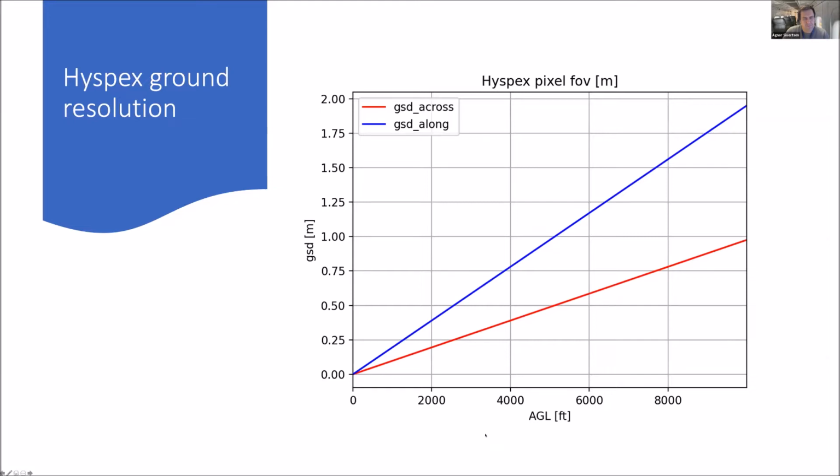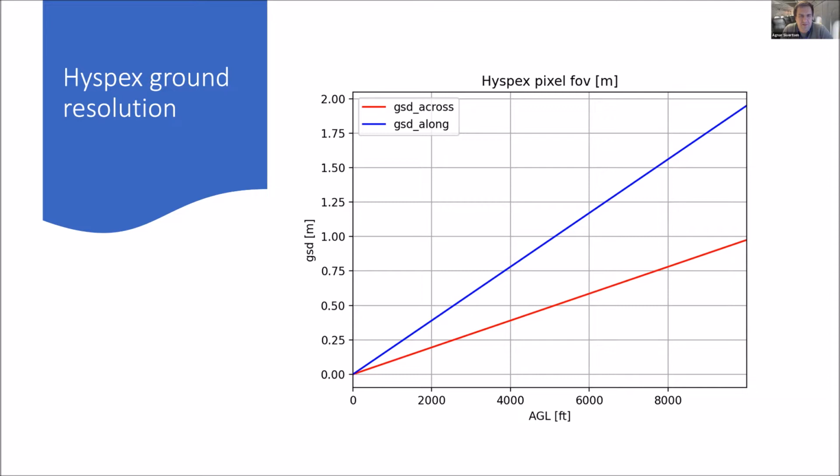Yeah, so just a plot showing the HySpex ground resolution as a function of altitude, and the ground resolution across track differs from the ground resolution along track.